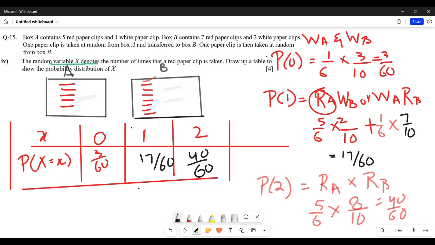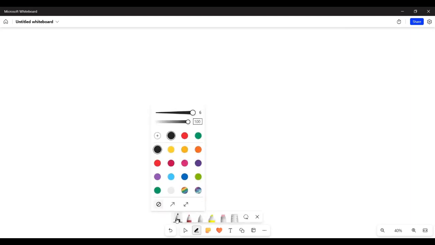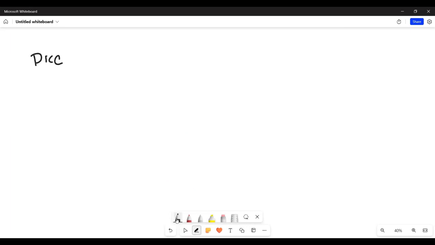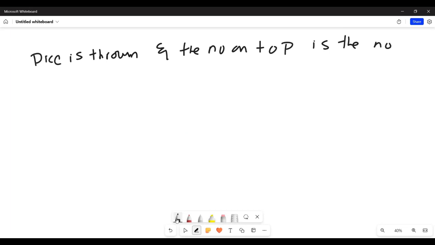Okay. One more example question. अब scenario given है कि dice is thrown and the number on top of the die is the number of forward movements made in the game.